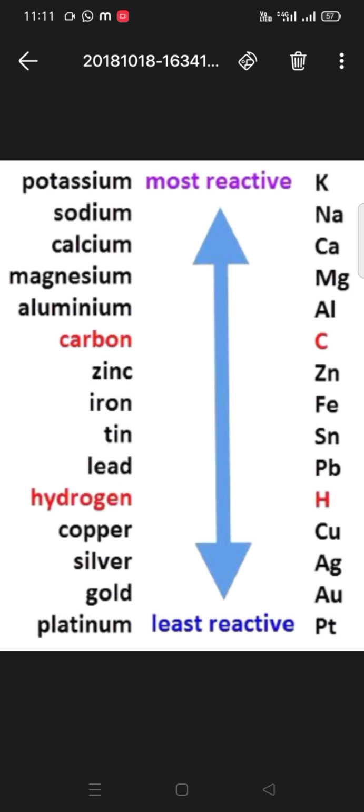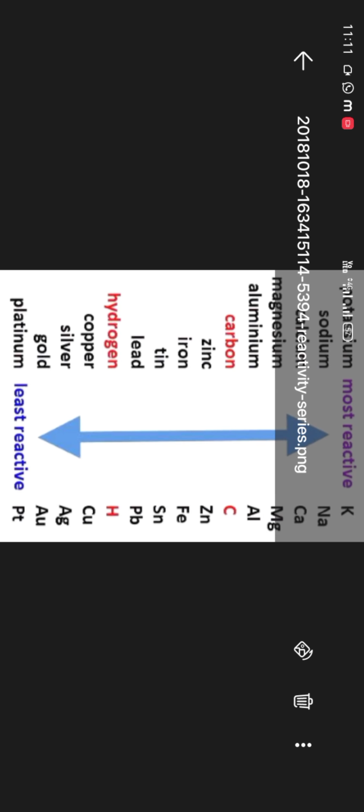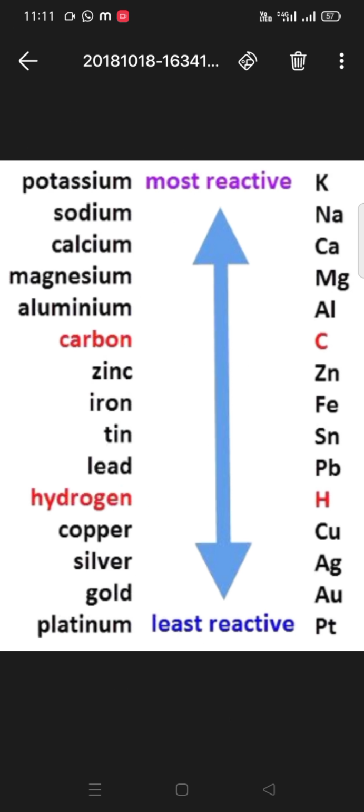Just like on Facebook you have reactions, different types of smileys, happy smileys, sad smileys, different emojis that show different reactions, metals also react in a different manner, and according to their reactivity they are arranged in this reactivity series.